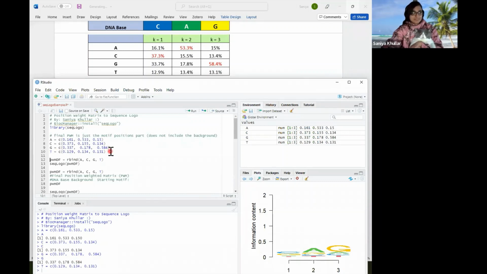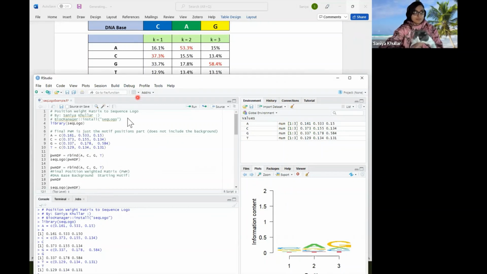And last but not least, for the T, we have a 12.9% chance of a T in the first position of the motif, a 13.4% chance of a T in the second position of the motif, and a 13.1% chance of a T in the last position of the motif.